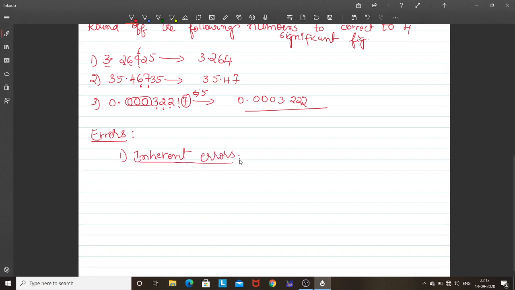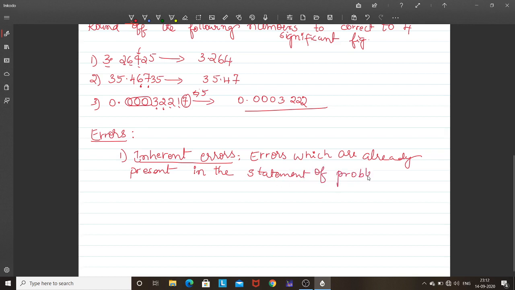Errors which are already present in the statement of a problem before its solution. Such errors are called inherent errors.